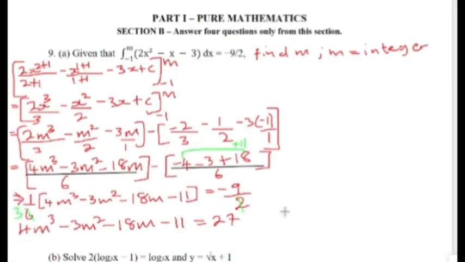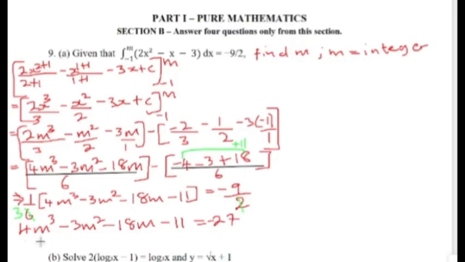Now, in these written exams, you are given limited spaces to solve. So you have to be efficient and make good use of the spaces. So what happens? 3 times minus 9 will give me minus 27.